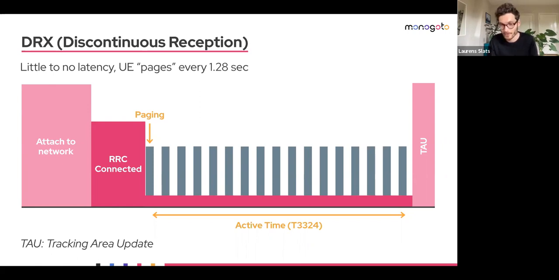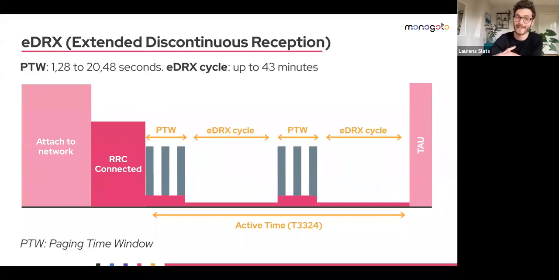And then after a period of time, it sends a TAU, which is the tracking area update, basically sending a message to the network saying, hey, I'm still here. I'm still actively using this network. So if you then extend this paging cycle, then it looks something like this.